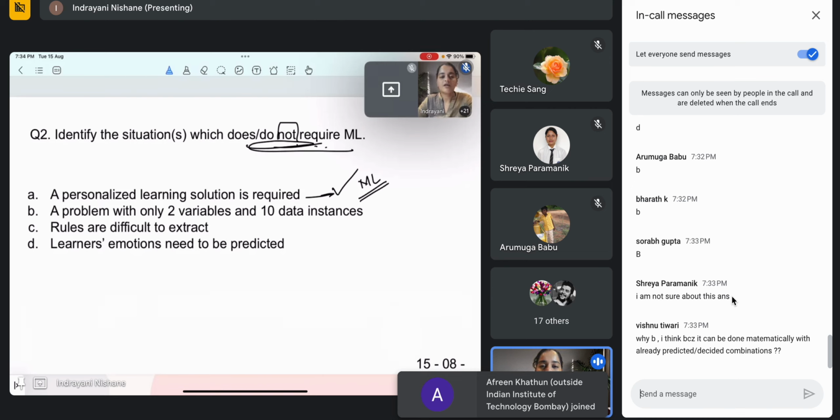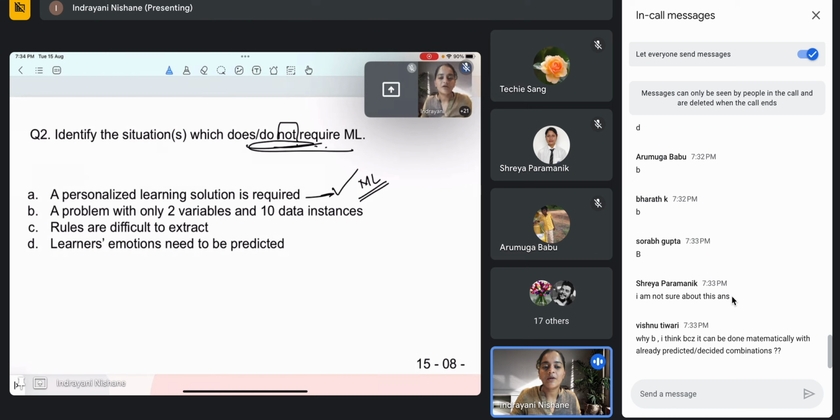Certain advanced machine learning like neural networks and CNN will be used to implement the rules which are difficult to extract or which are very complex in nature. For that we will require some advanced machine learning algorithms.